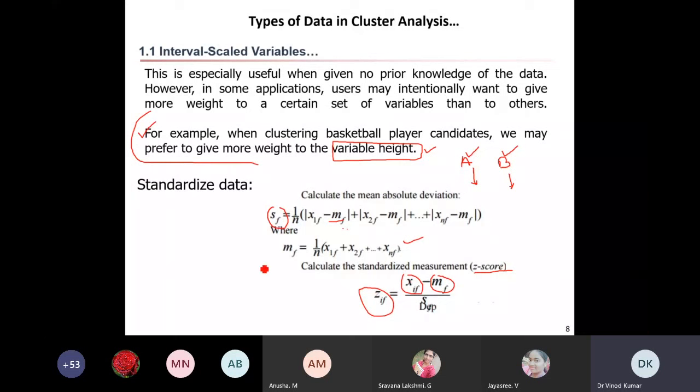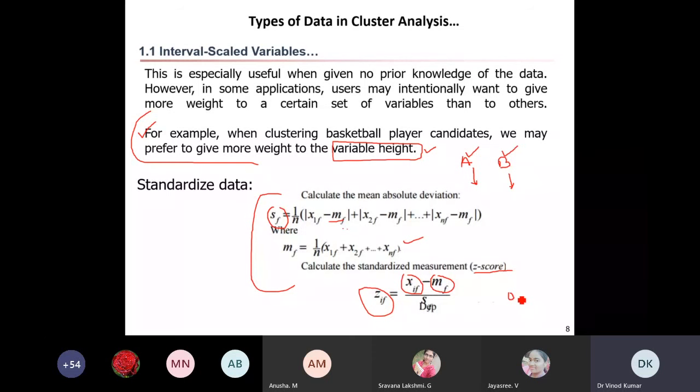This example we have already covered. In the normalization methods we have different types of normalization, and the same topic we have discussed, so from that we have taken standardization. We have m_f, the mean value, and the standard deviation. Then for any value we can get the Z value, so it will be free from any type of unit effect.